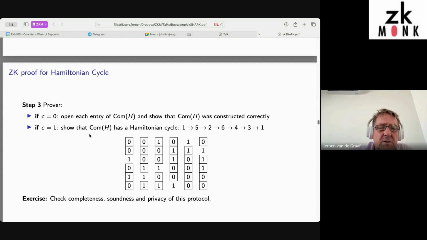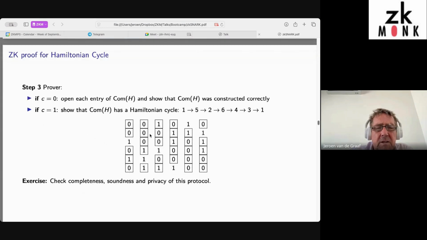I hope I made myself clear. Again, the verifier only sees the boxes, doesn't see what's inside the box, except for the positions that have been opened here. And so this convinces that the permuted matrix H has a Hamiltonian cycle.